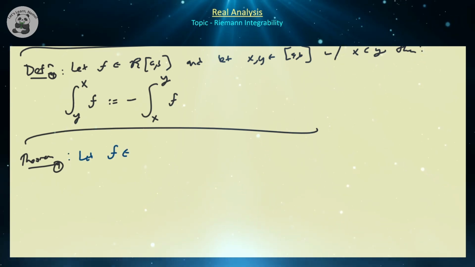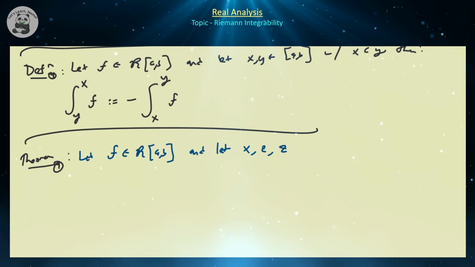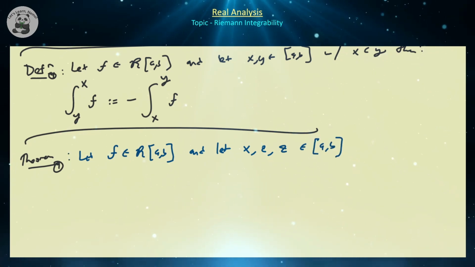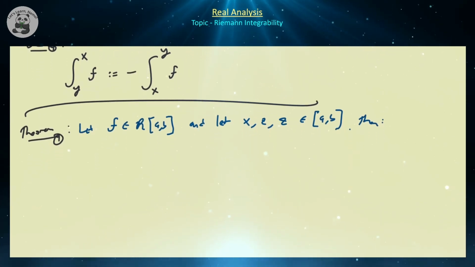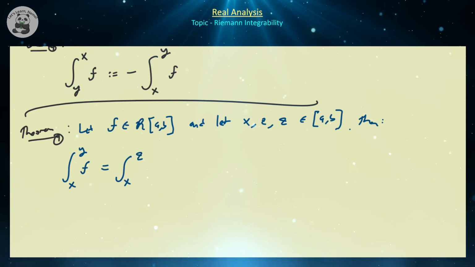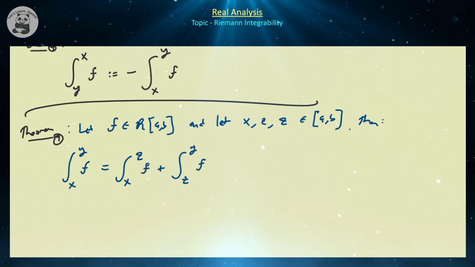Let's assume that f is Riemann integrable on the interval AB, and let's assume that x, y, and z are any points in the interval AB. Then the following little computational trick is true. The integral from x to y of f will always be equal to the integral from x to z of f plus the integral from z to y of f.